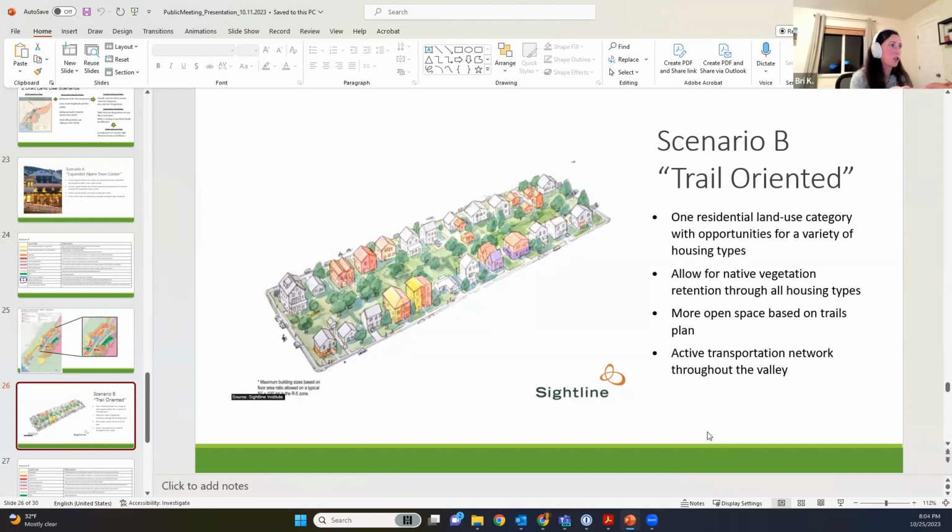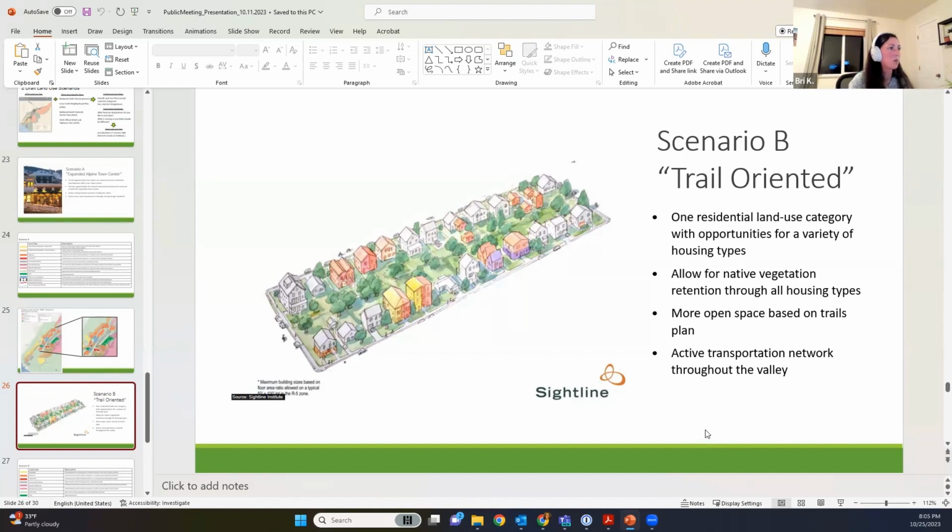That's what's shown in this graphic, the idea that all these different housing units are different. There are some larger units with fourplexes, some smaller single family homes, and they're spread out, but you could create codes where you're maintaining tree cover, hopefully preventing any kind of clear cutting, that sort of thing.